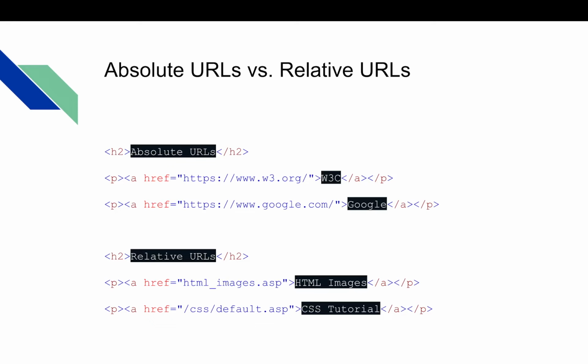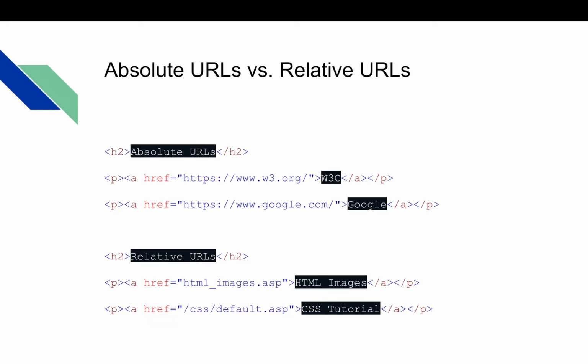This is basically what an absolute URL is. Now it's pointing outside the main site. So if you want to click on a particular link that will take you to another website, you use an absolute URL.